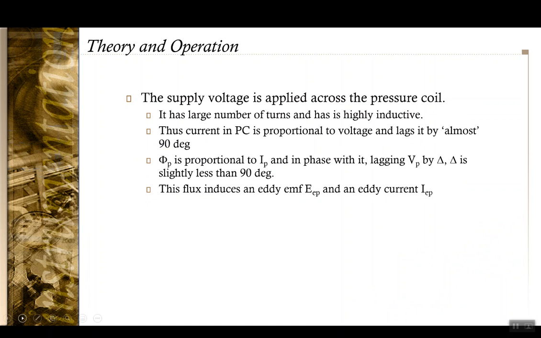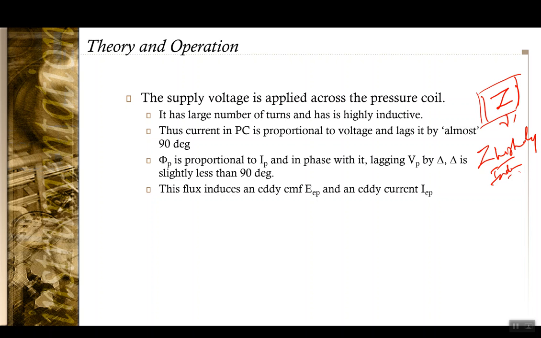Okay, now coming to the theory of the operation. As mentioned earlier, the supply voltage is applied across the pressure coil. The pressure coil has a large number of turns and is highly inductive. So it has a large value of Z, and Z is highly inductive also. So it's a high impedance circuit, with a high value of inductance also.